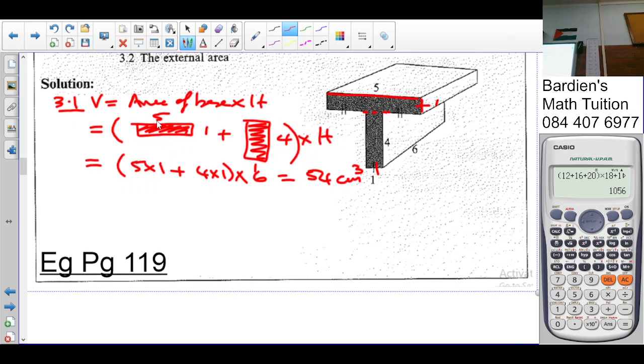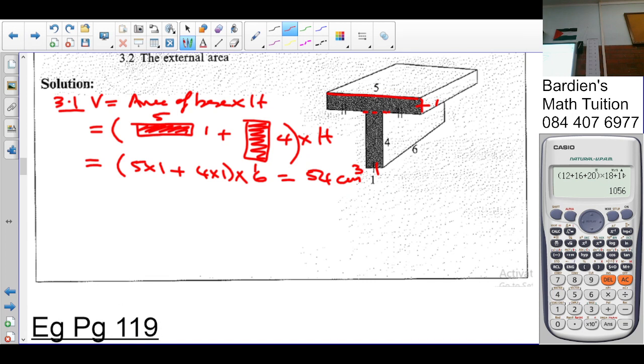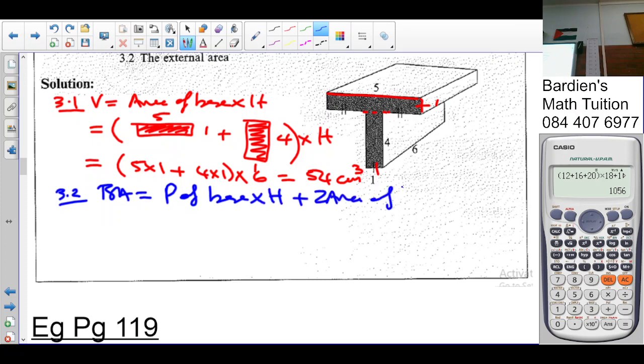Alright, so let's look at the total surface area. The total surface area, TSA, is going to be perimeter of base times height plus twice area of base. If you look at the perimeter, I must take that length plus that length plus that length plus that length.